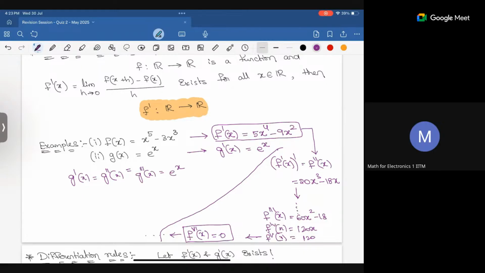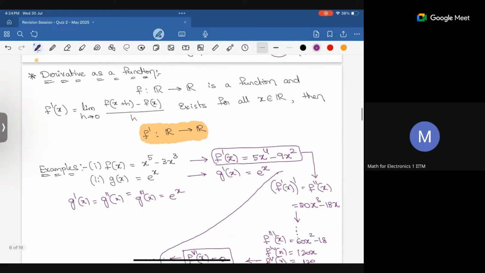If you take the derivative of e power x, you get back e power x itself. So even if you take the derivative 100 times, you will get back e power x only. So there are functions whose derivatives will not converge to 0. As you take derivative on derivative, it may also increase; the power may increase, and the complexity may increase also.